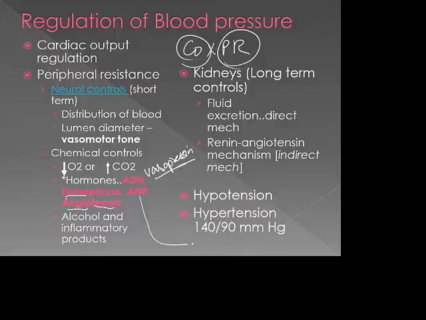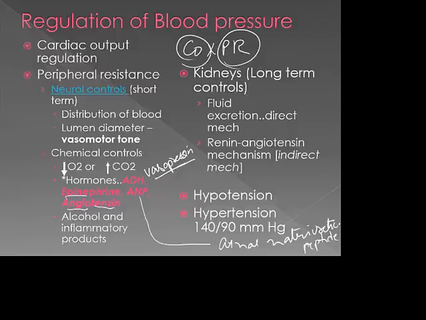This ANP is something known as atrial natriuretic peptide. ANP stands for atrial natriuretic peptide. It's something which is formed by the atrial walls. The word, what is natrium?